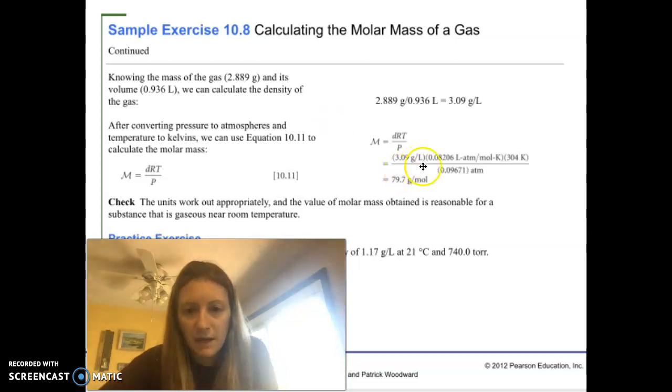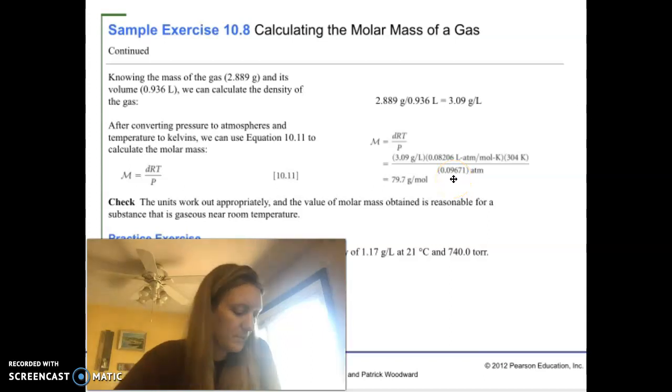And when you do that, you will get 304 kelvins and 0.9671 atmospheres. So then you can plug all those numbers in. So taking the density of the gas that we calculated up here, the gas constant, the temperature that we just calculated, and the pressure that we just calculated to get 79.7 grams per mole. So that is the molar mass.